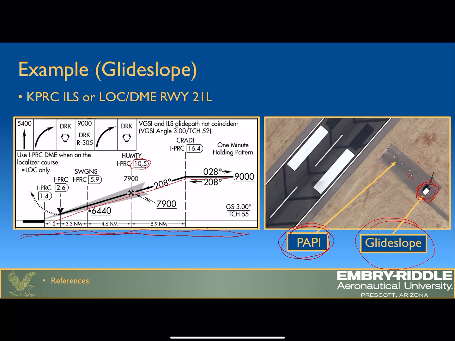And you'll notice it tells us our glide slope should be about 3 degrees, and TCH stands for your touchdown height, how high you will be above the approach end of the runway on this glide slope. So once you pass over the threshold of the runway, you should be about 55 feet high. Not a big deal when you're flying the Cessna, but that could be a bigger deal if you're flying a larger aircraft.